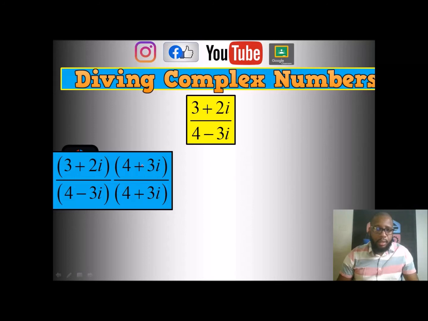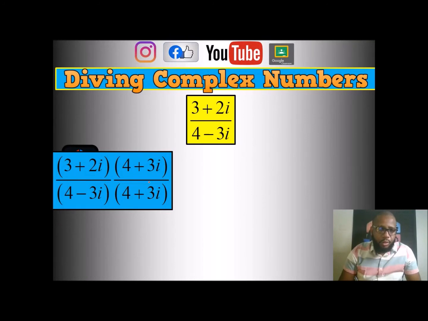Now, I multiply top and bottom to keep the same value of my fraction. So whatever I do to the top, I must do to the bottom as well. Okay, so let's go ahead and FOIL my numerator. So 3 times 4, that'll be 12. And 3 times 3i, that's 9i. 2i times 4, that's 8i.